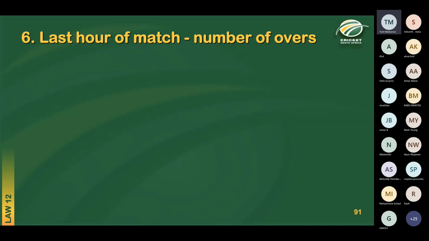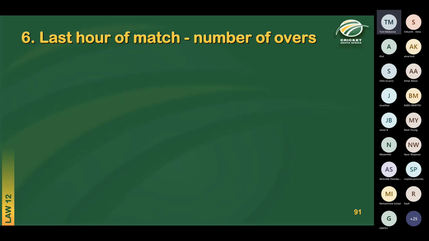And the reason for this requirement is so that even if teams try to slow the game down and waste time, you will still get that 90 overs in the day for your last day of a Test match. Why?